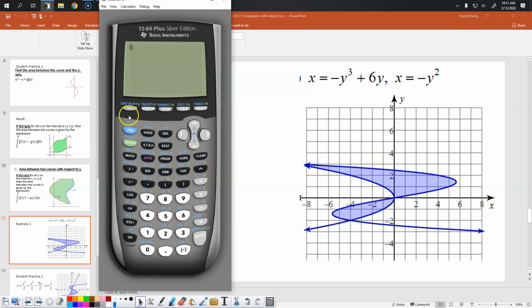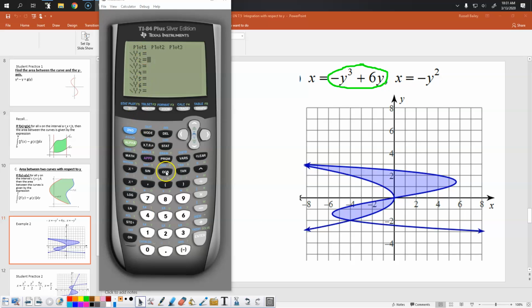Okay, so if you guys want to do this with me, you can, or if you just want to watch, that's fine. But I'm going to go into y equals, and I'm going to type these functions in up here. I called this one x, what did I call this one? That was x1.